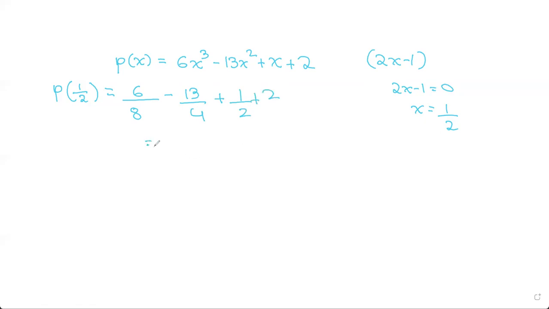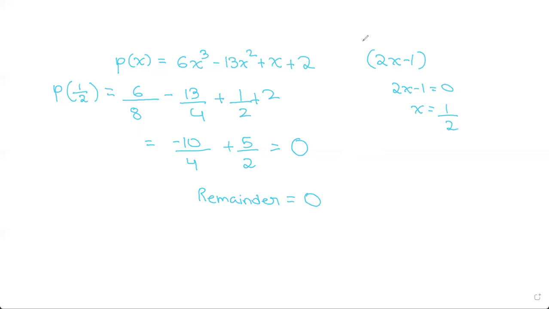So now if we do this, we get minus 10 by 4 plus 5 by 2, which is minus 10 plus 10 is 0. So the answer is 0. So now we know that the remainder when P of x is divided by 2x minus 1 is equal to 0. Hence, this is also a factor.